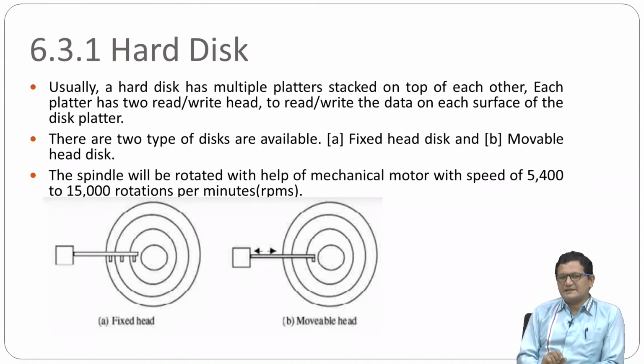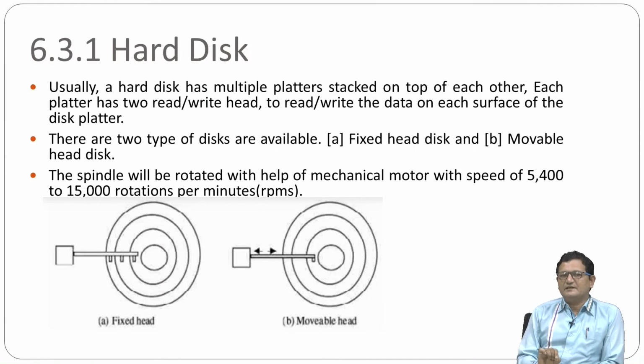The second type of hard disk is one in which the rod will not be moved. The rod of the head will not move, but on every track they have placed a small head. So the head exists on every track.